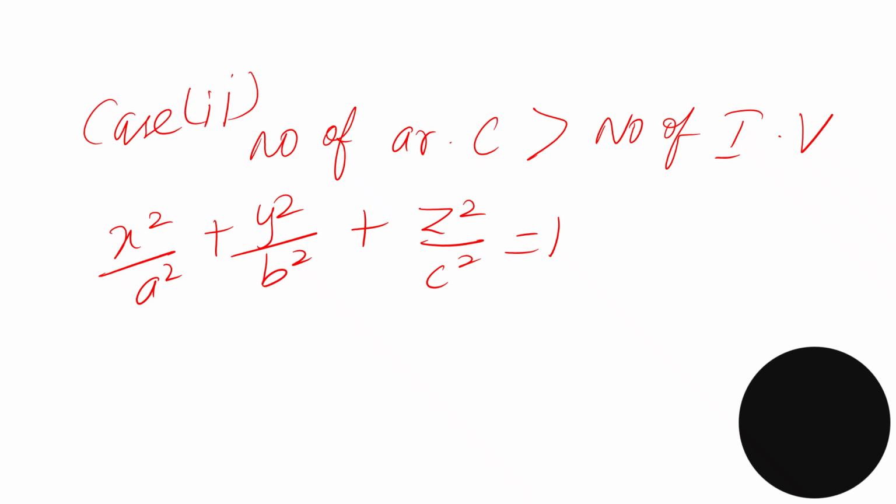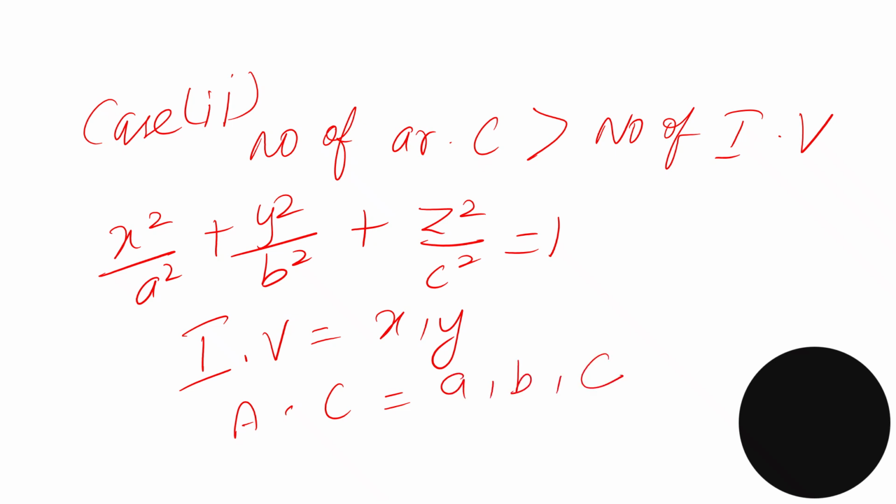Here the independent variables are x and y, but the arbitrary constants are a, b, c. So the PDE is of order greater than 1. We have to use the standard PDE notations like the p, q, r, s, t form.